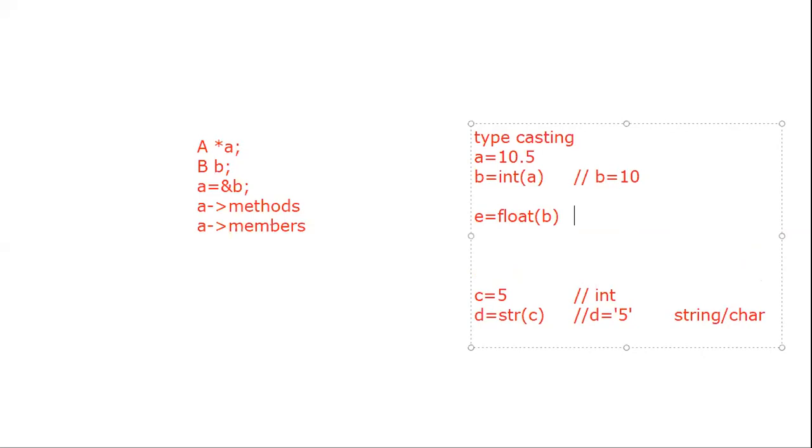What is the expected output for this e? You are going to convert it to 10.0. So this one is nothing but conversion, guys. This particular concept is called typecasting. Okay, so in a similar way, with respect to this.